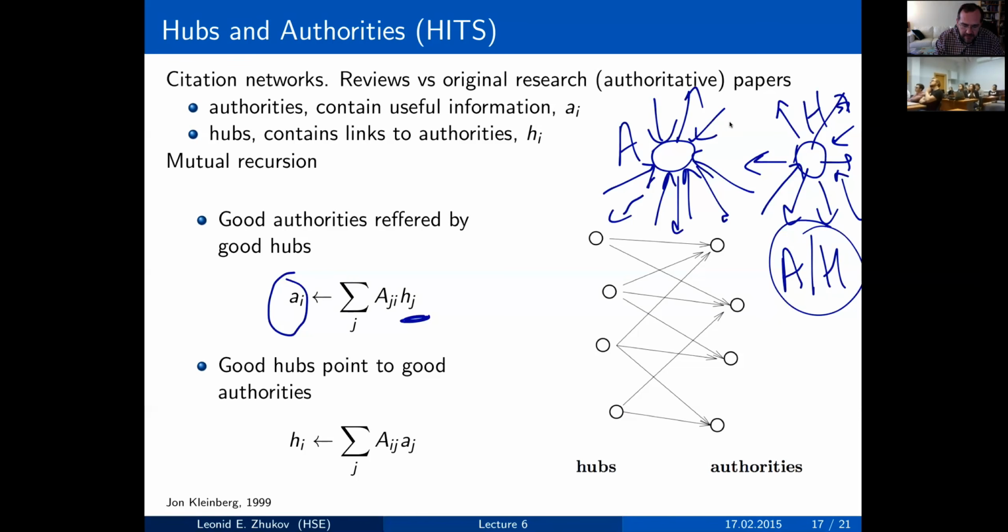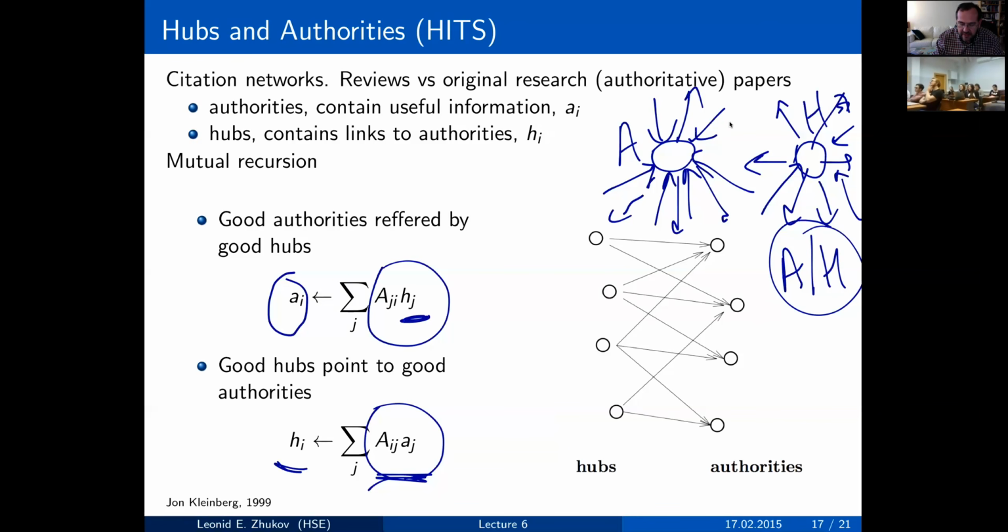At the same time, we can say that good hubs point to good authorities. So again, the same idea. Just take a look, notice the indices here. It's paper A_i, and we take all the hubs, and now these hubs are pointing to A_i.